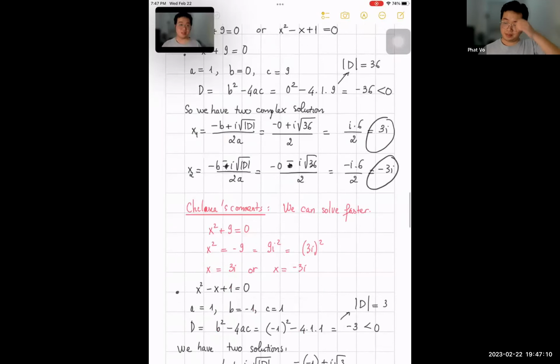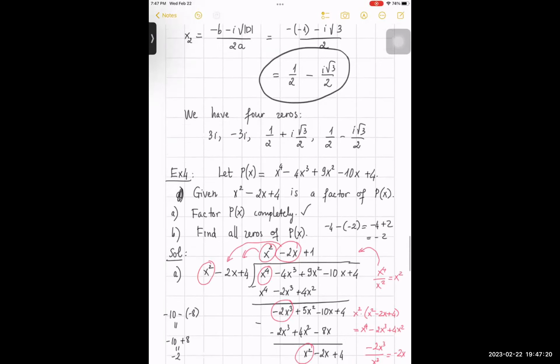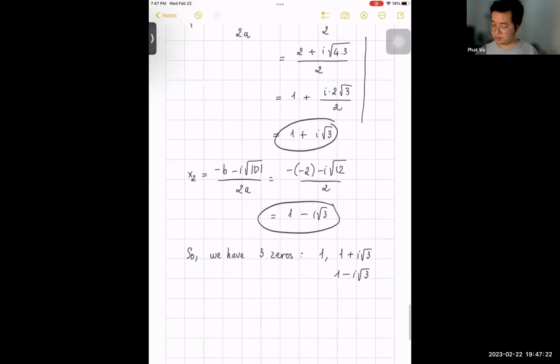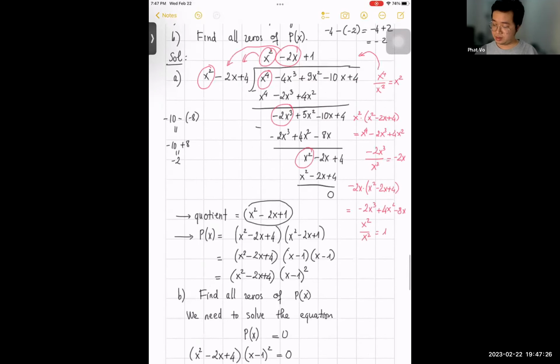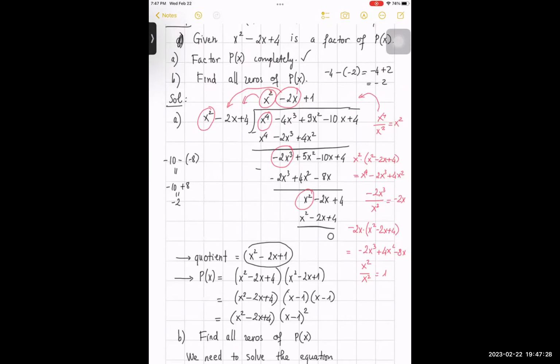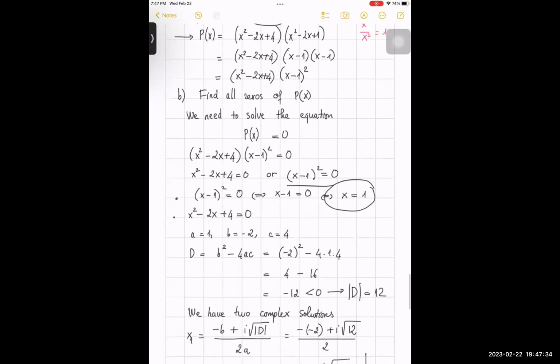Okay, what question do you have? Cole? I just wanted to see what our zeros were for the last one we were working on. The last one here, right? Because we're supposed to find all zeros. So is one of our zeros, correct?